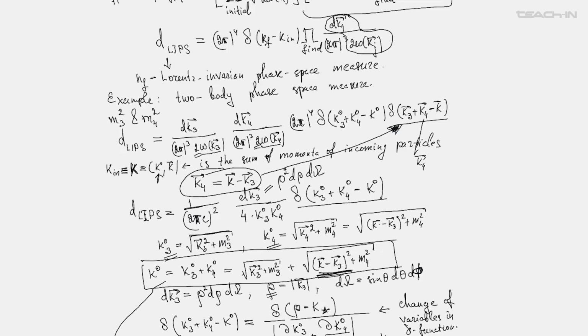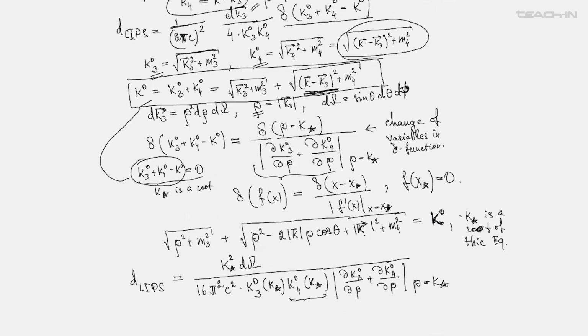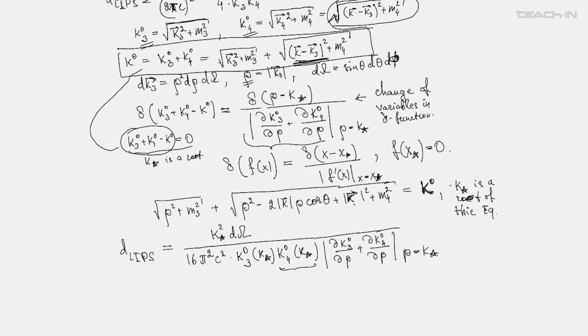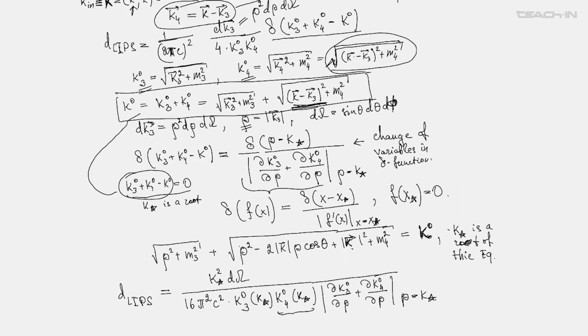Where now instead of K3, we have to substitute, and this is a quantity which I'm still keeping here as an expression being equal to the square root, where K3 squared should then be replaced by k star upon integration of this delta function.